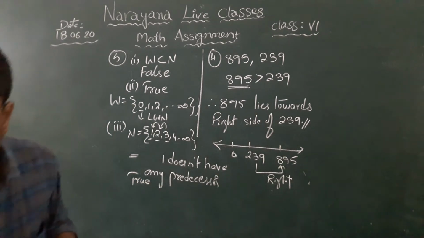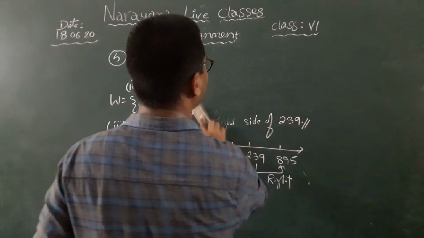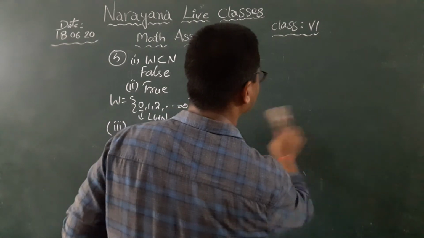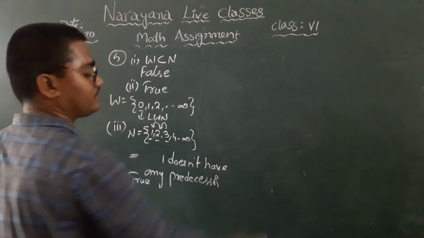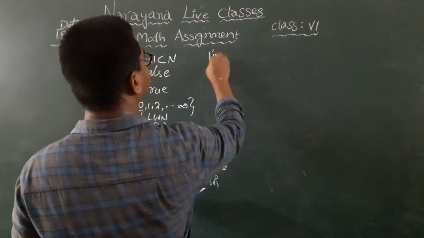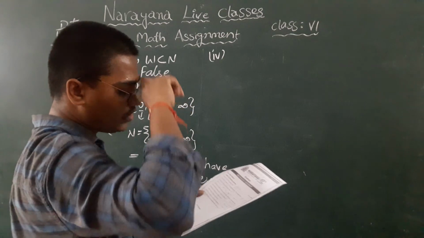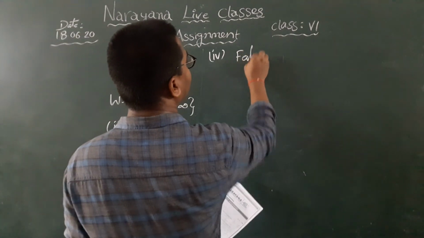Now coming to the fourth statement, children. The fourth statement: we can show the greatest whole number on the number line. No, we cannot show it, children. It is a false statement.